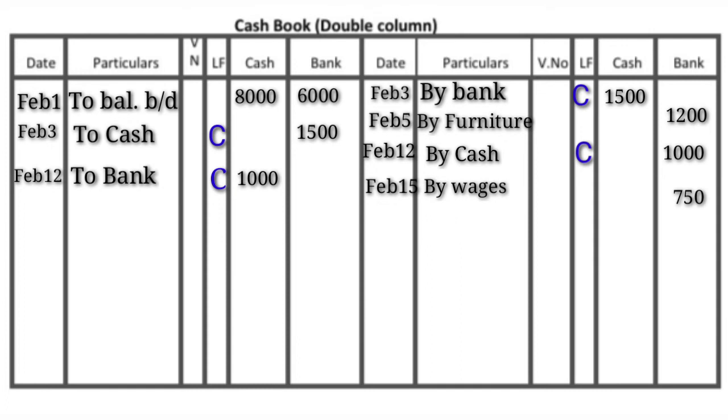So here cash is decreasing. Cash is paid for freight charges. So when cash is decreasing, we will record in the credit side of cash column. So in cash column rupees 100 and date Feb 17th. By freight charges. Okay.